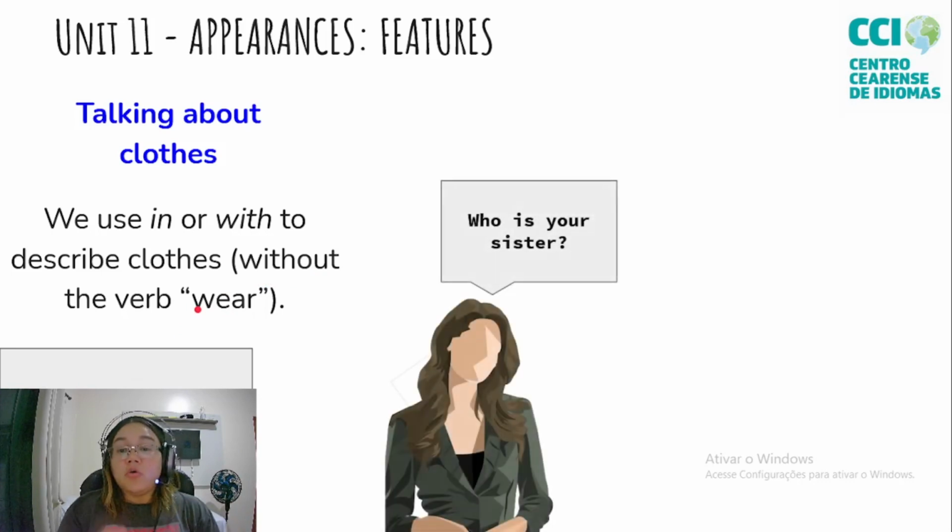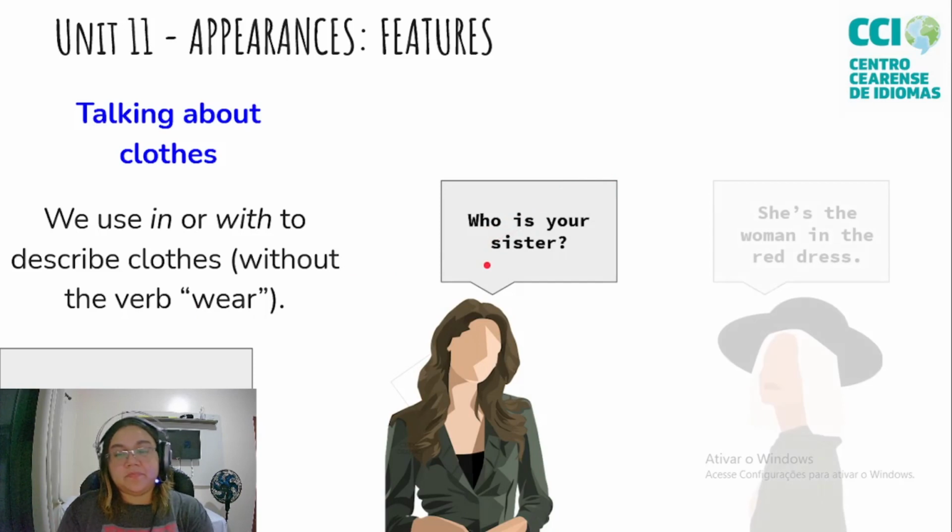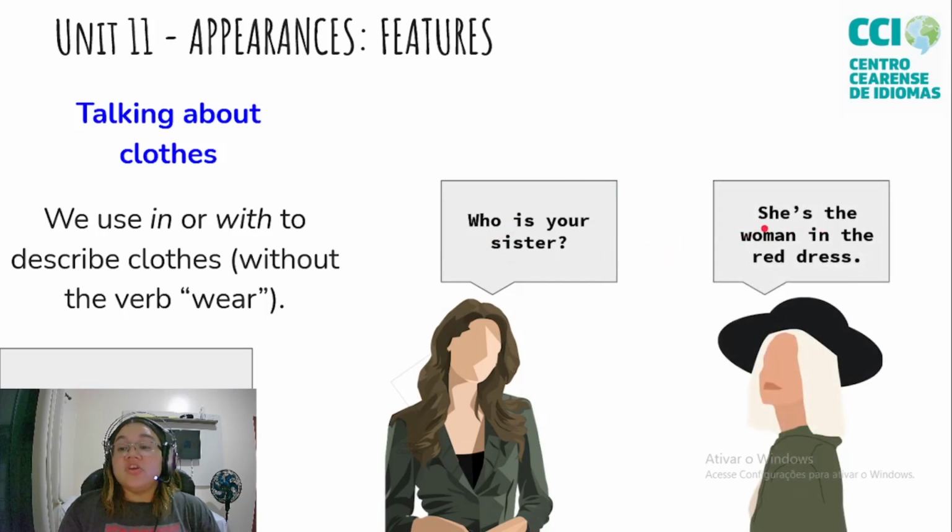So once again, who is your sister? And the woman will answer, she's the woman in the red dress. See, she used the preposition in. She didn't say, she's the woman wearing the red dress. She said, she's the woman in the red dress.